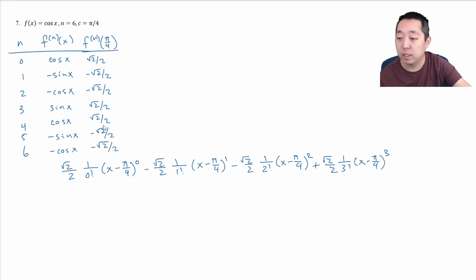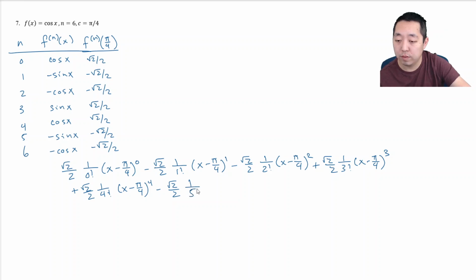Then at 4 it's plus root 2 over 2, 1 over 4 factorial, x minus pi over 4 to the 4th, and then minus root 2 over 2, 1 over 5 factorial, x minus pi over 4 to the 5th, and finally minus root 2 over 2, 1 over 6 factorial, x minus pi over 4 to the 6th.